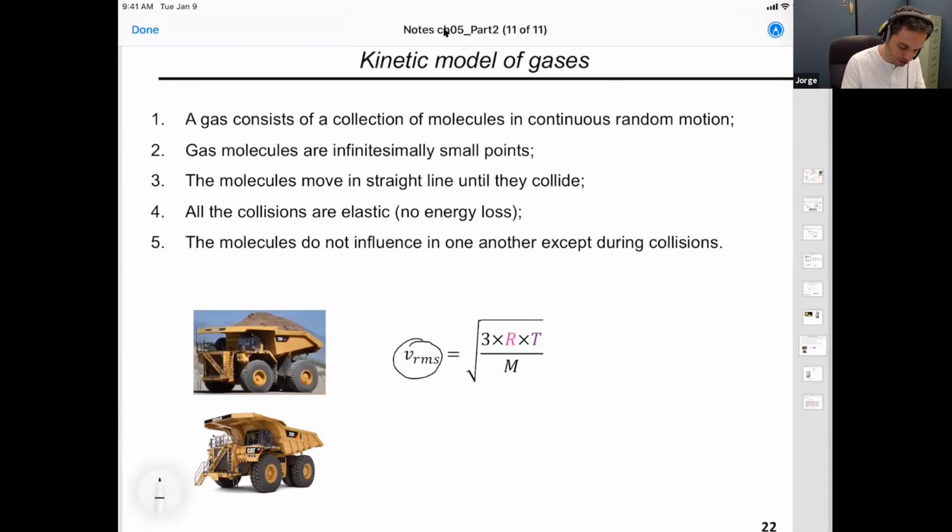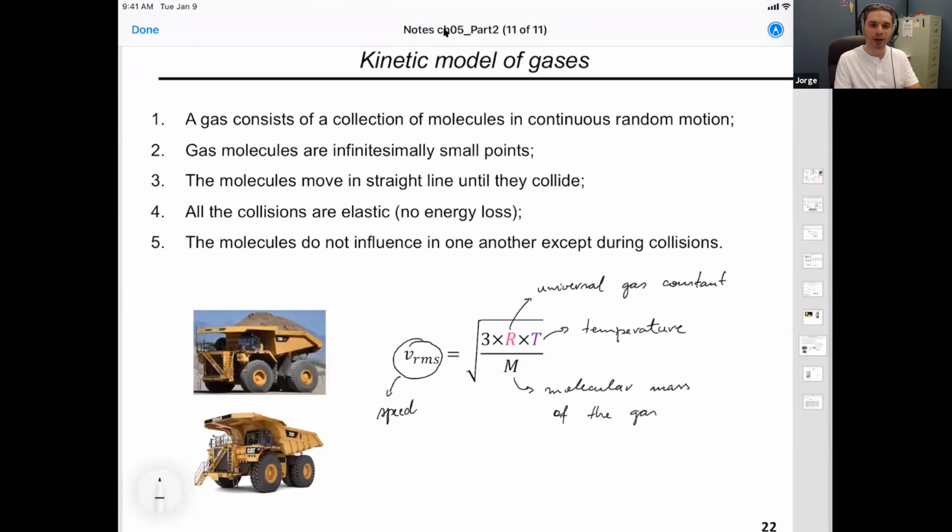But here we are just considering that this is some sort of average speed of the gas molecules, and the speed is proportional to the universal gas constant and directly proportional to the temperature and inversely proportional to the molecular mass of the gas.